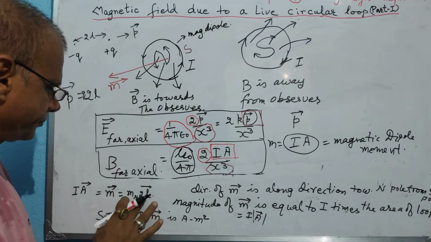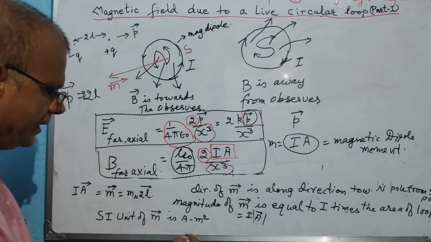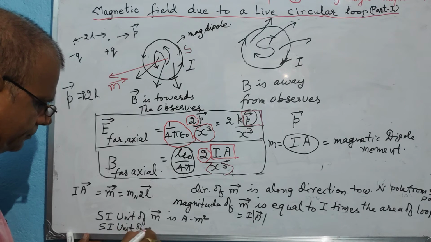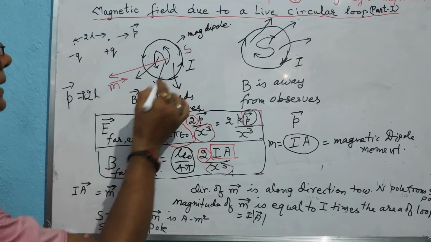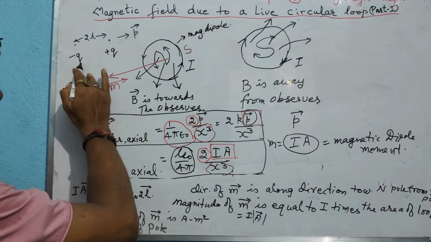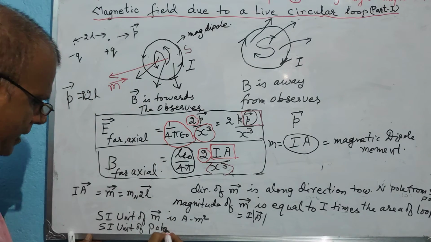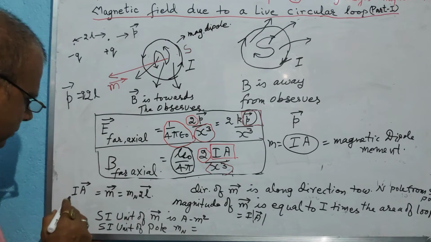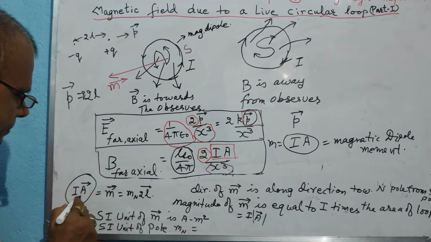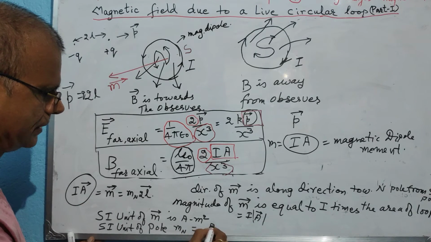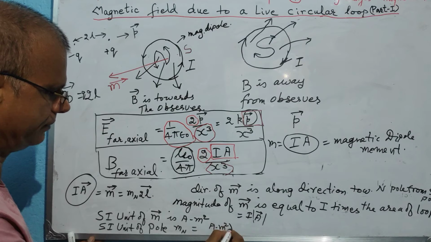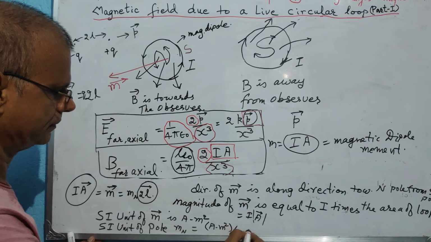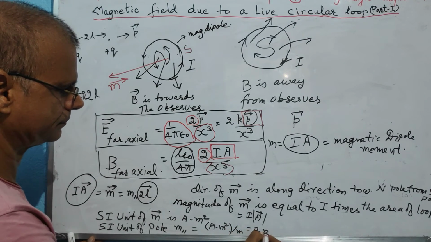And also from this only we can find the SI unit of pole strength, that is magnetic pole strength. And we have charge strength minus Q and plus Q. SI unit of pole strength, that is written as say Mn, is equal to, now this is in ampere meter square, so we write ampere meter square, and that divided by 2L, 2L is in meter, so that divided by meter becomes ampere meter.